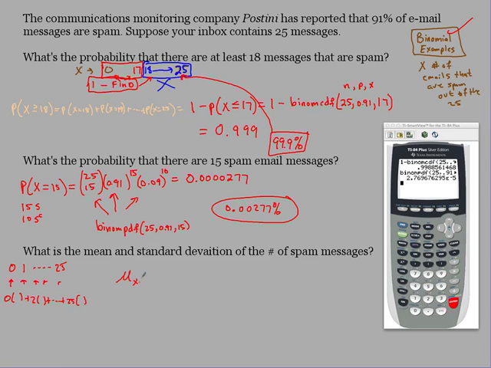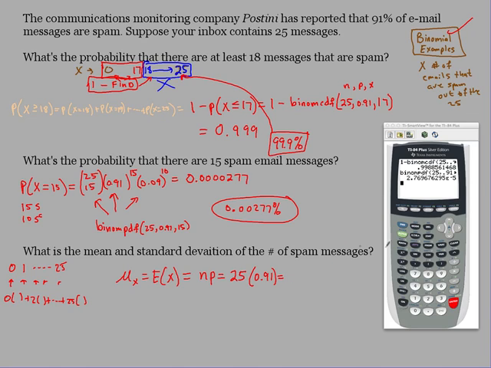So the formula is the expected X, which is how many do we expect to have? How many spam emails should we expect? So the formula is n times p, which we've seen in the last video, and that is 25 times 0.91.